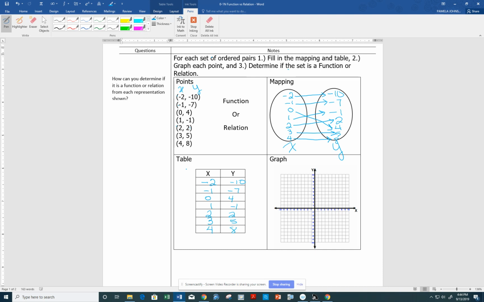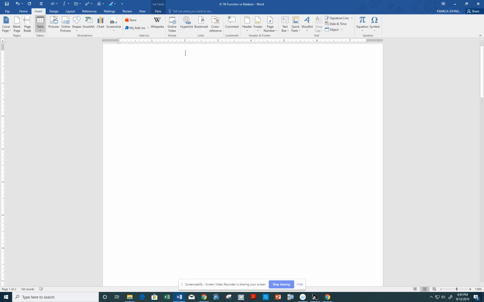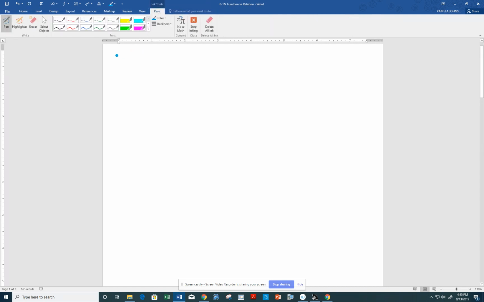Okay. All right. Now you guys know this is the part that's going to be hard for Miss Johnson. We're going to try and graph this thing. We're going to try and graph these at -2 and -10. Remember this, the X values go left and right, and the Y values go up and down. So, I have an extra dot that showed up. Let's erase that.